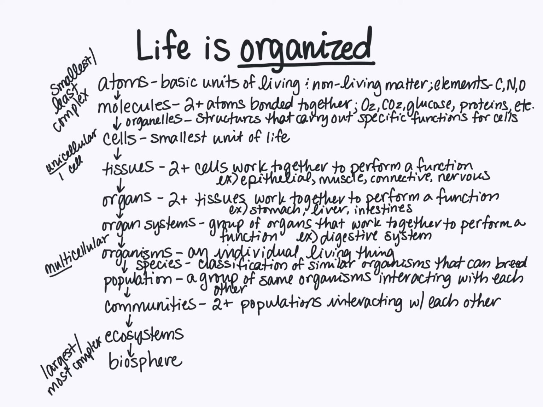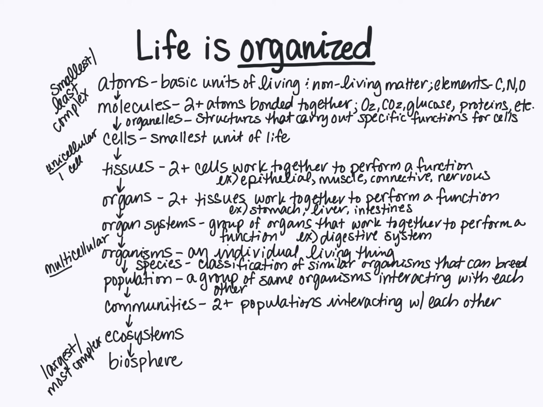So an example of a community could be something like if you go to the beach and you look in the water, and in the water you have these invertebrate animals, and you have dolphins, and you have whales, and you have sharks, and you have people, and you have seagrasses, and you have all these different living things that each different type of organism is its own population, but they're interacting with each other. They're eating each other. They're transferring nutrients to each other. And that's what makes up a community.